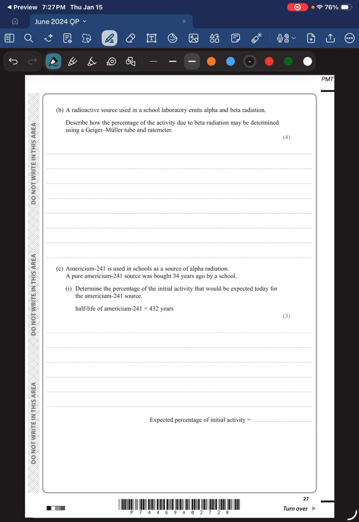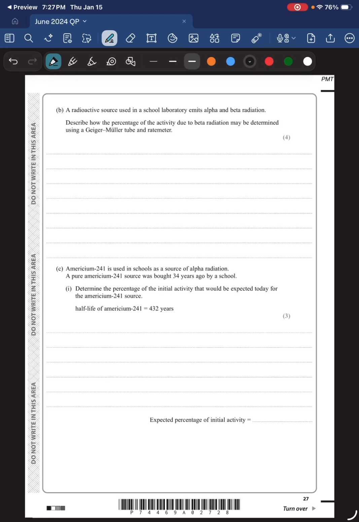Okay, part B. A radioactive source used in a school laboratory emits alpha and beta radiation. Describe how the percentage of the activity due to the beta radiation may be determined using a Geiger-Müller tube and rate meter.